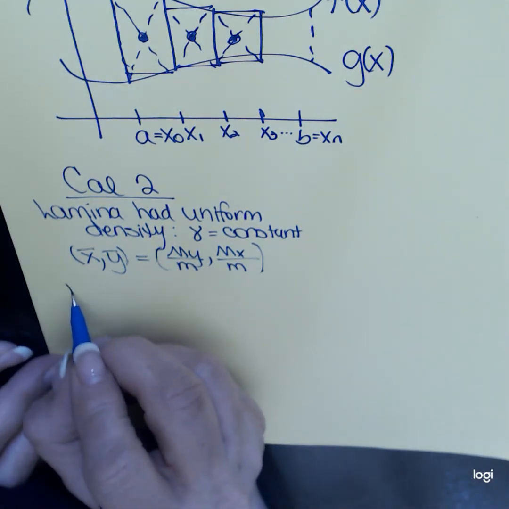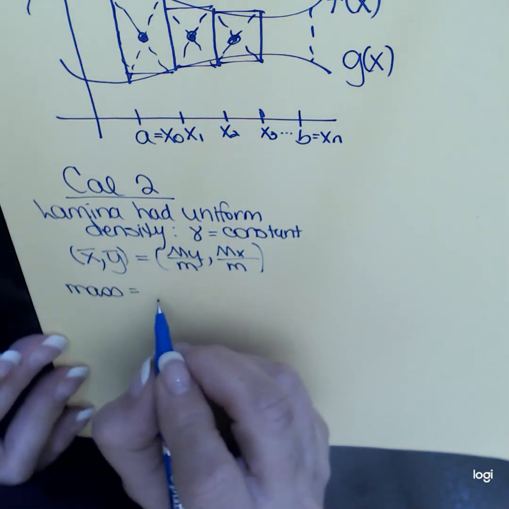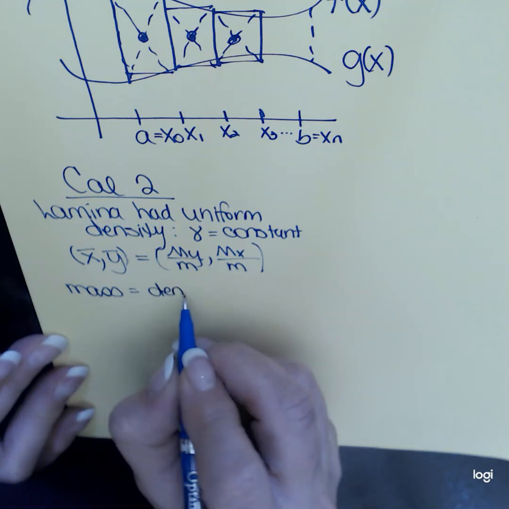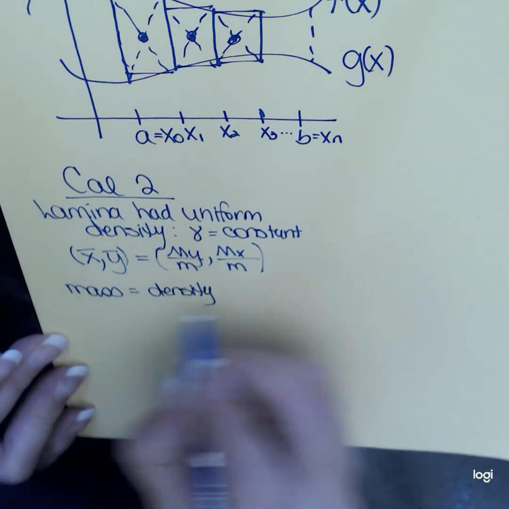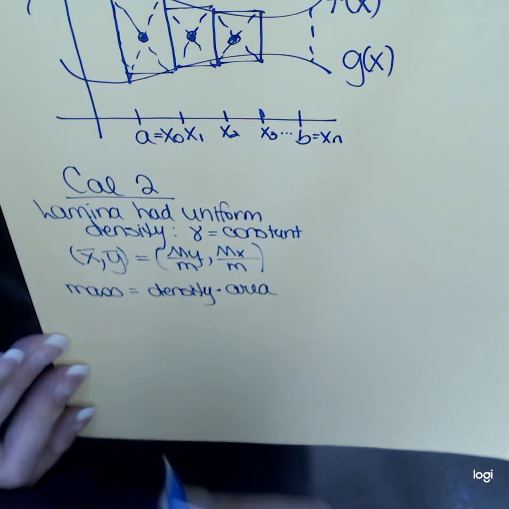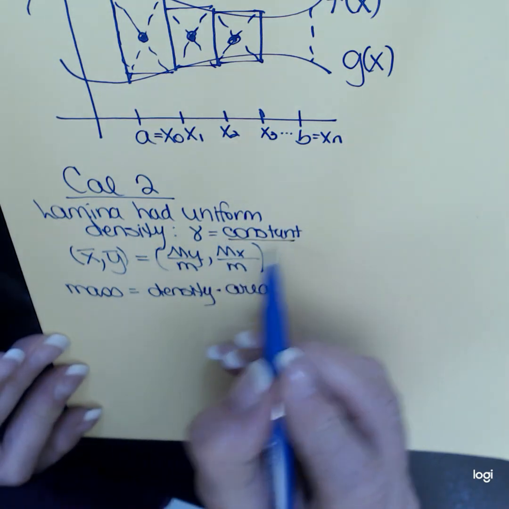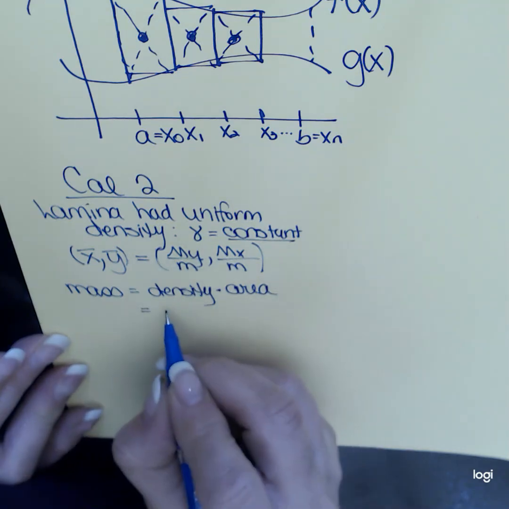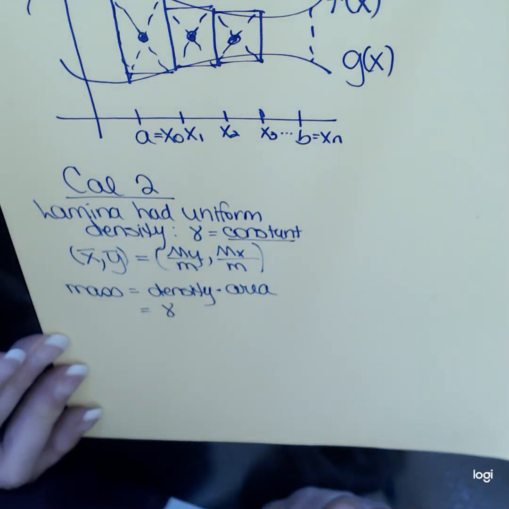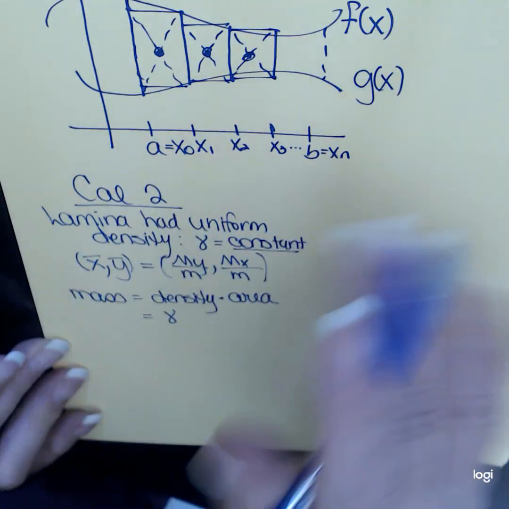We started out by looking at the mass of the system. Well, by definition, mass would be equal to the density of this system times the area. Well, the density, remember, we said was a constant, which we called lambda. So we've got our density. And we have calculated the area of a bounded region between two curves.